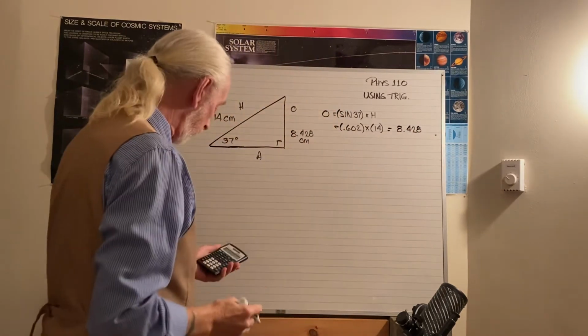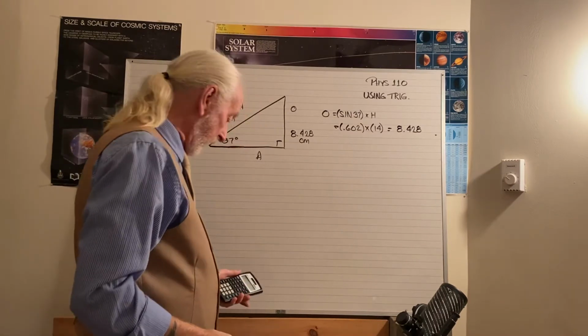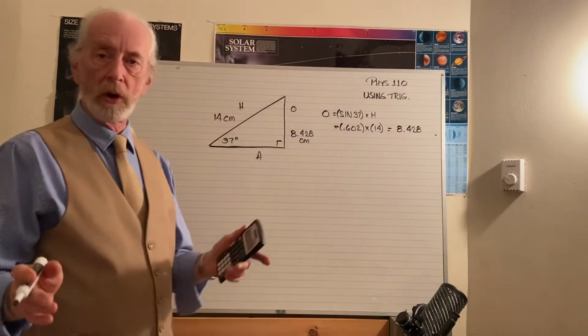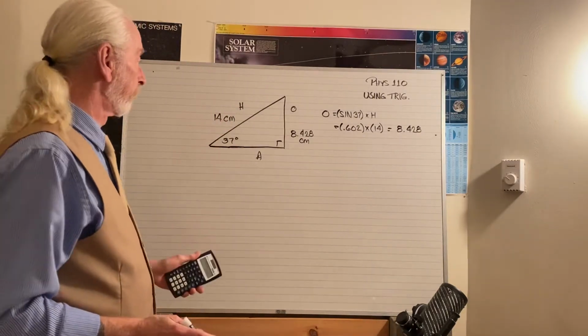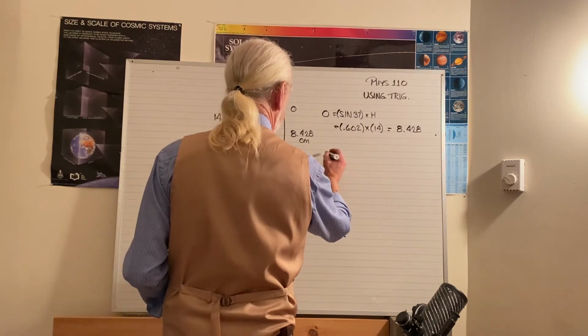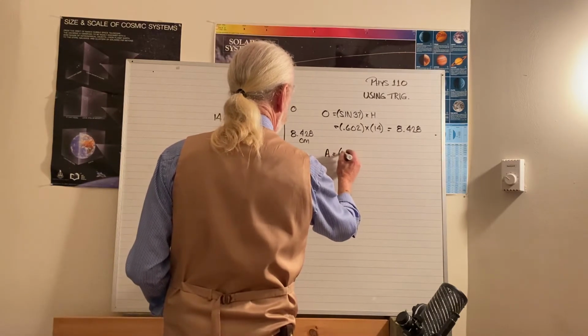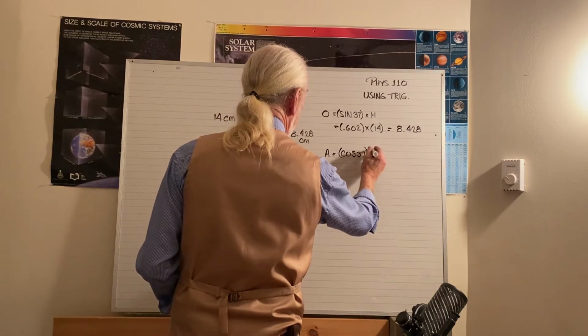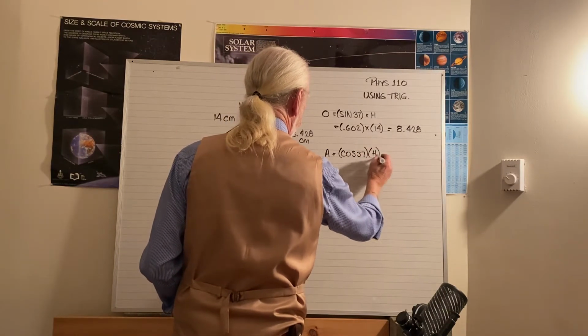There it is. To determine A, I'm going to use cosine, which uses the known angle and the hypotenuse. So my A is going to equal the cosine of 37 times my hypotenuse.